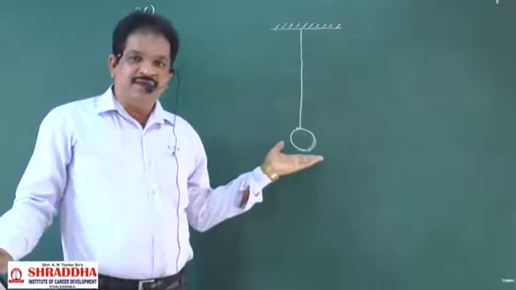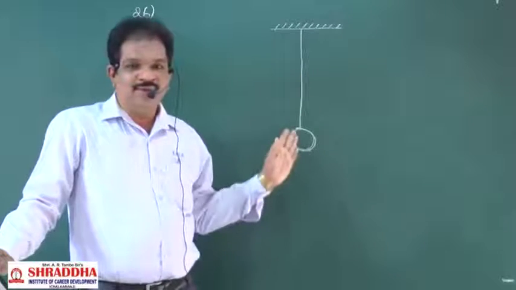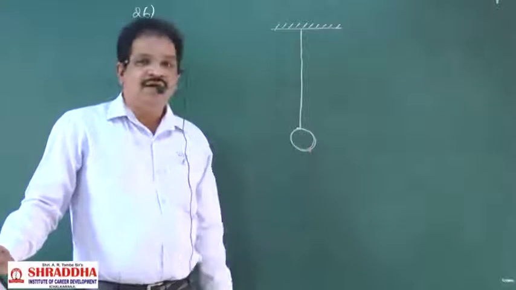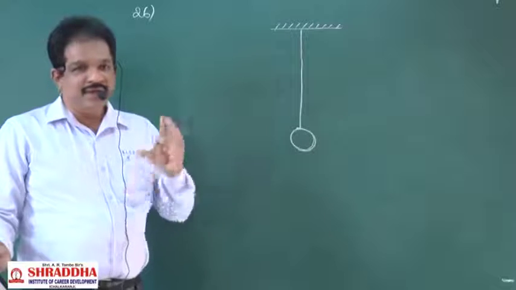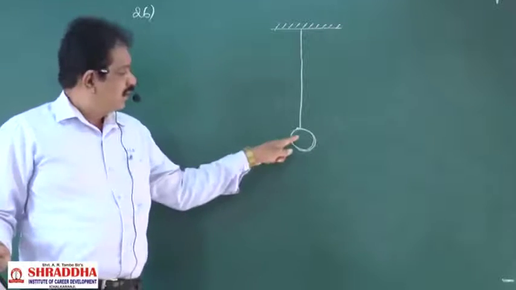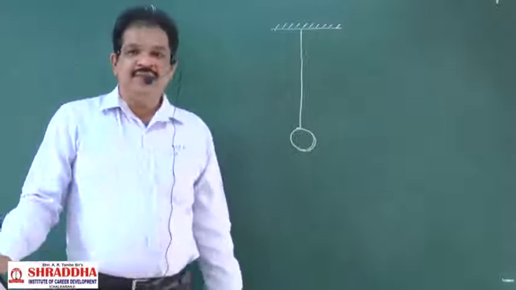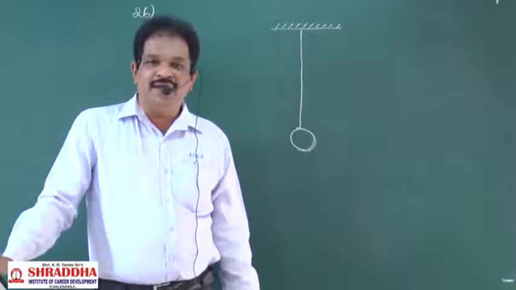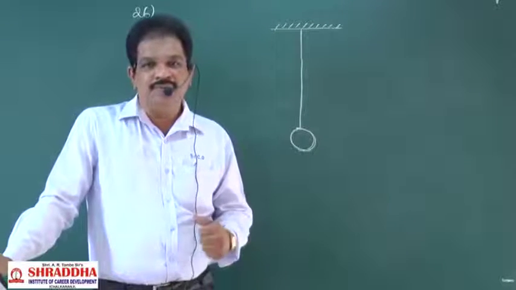Sphere easily will be available to you, thread is available to you. This will be called simple pendulum. One small rubber ball connected to a string, that arrangement will be called simple pendulum.